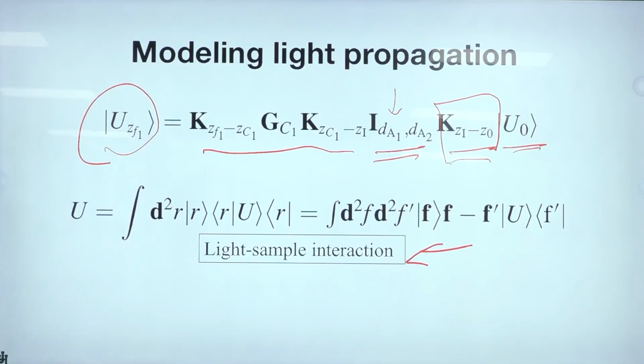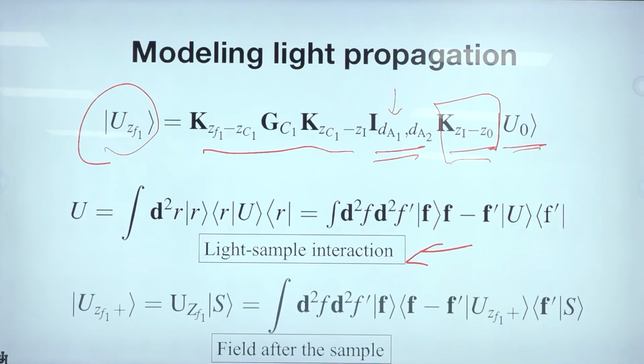This looks complicated, but in the spatial domain it's a simple multiplication. Light comes in, and in some places it gets absorbed or scattered, and in some places it doesn't. So just after the sample, the field is given by this kind of expression. This is the operator.